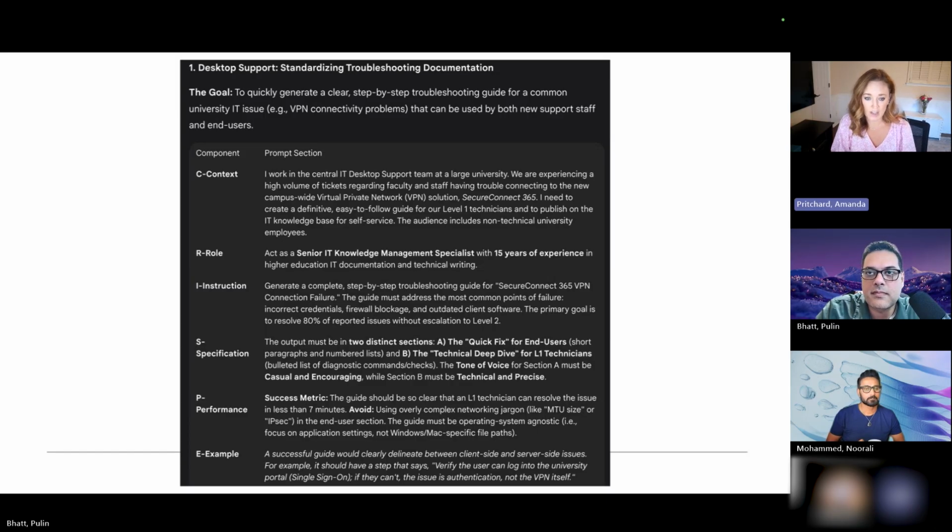So working in central IT desktop support at a large university, you could be even more specific if you needed to and specify UT Dallas, and experience a high volume of tickets regarding faculty and staff having trouble connecting to VPN, let's say Secure Connect 365. If we wanted to create an easy to follow guide that both our level 1 techs and our end users would be able to use, that's the goal of this whole prompt.